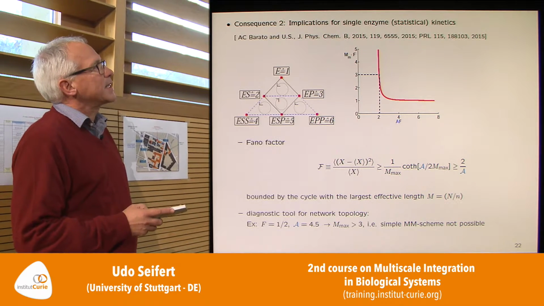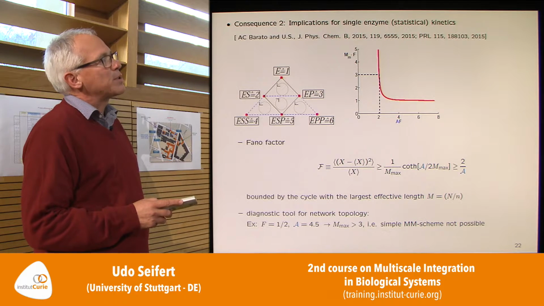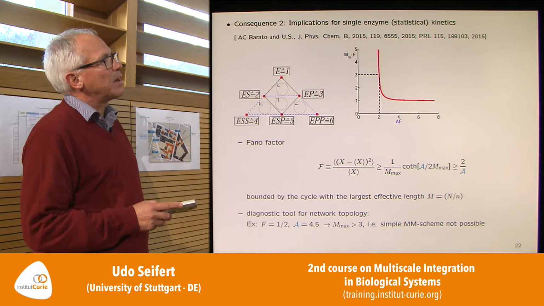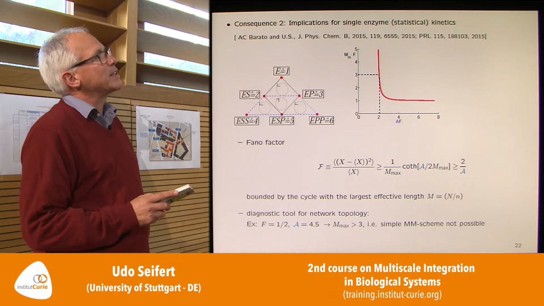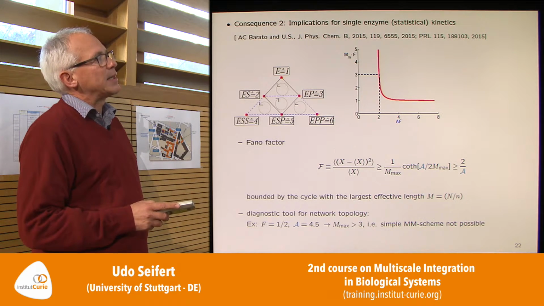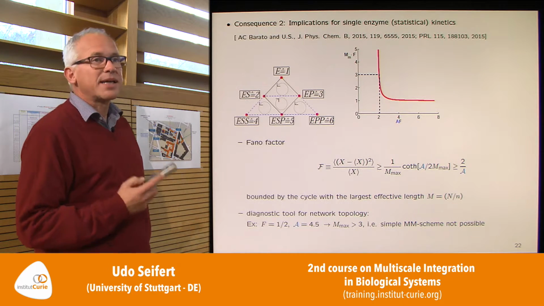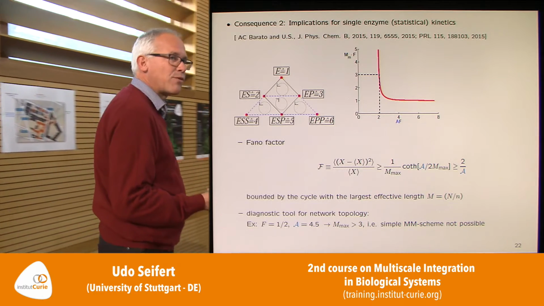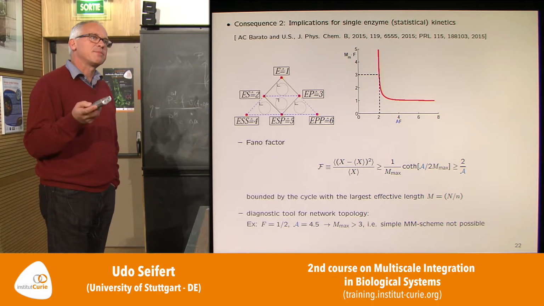So in this particular case, suppose you measure a Fano factor of 1/2. Suppose you provide a delta mu of 4.5 kBT. Then this bound tells you that the Mmax has to be larger than 3, and then you can exclude a simple Michaelis Menten scheme for the enzyme, just on the basis of experimentally accessible quantities.